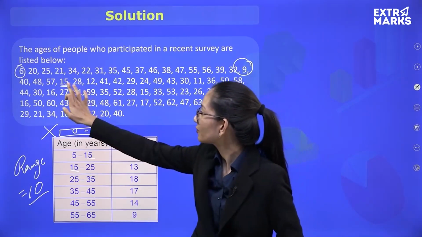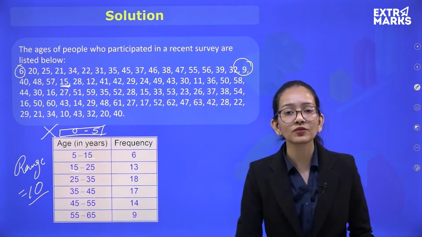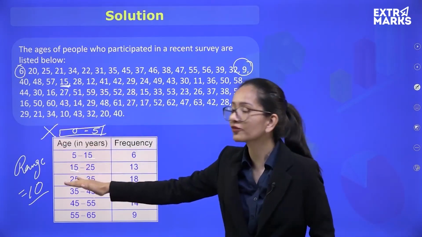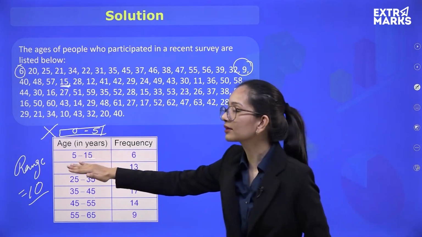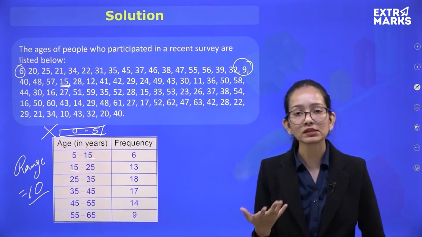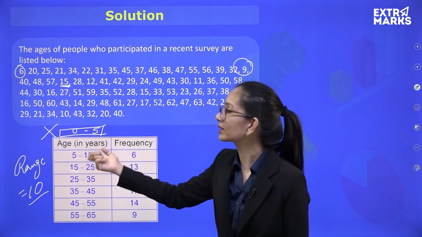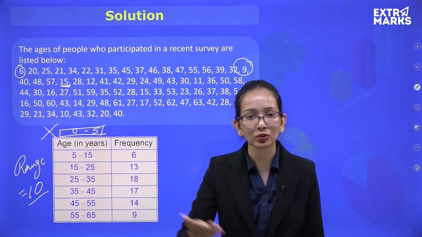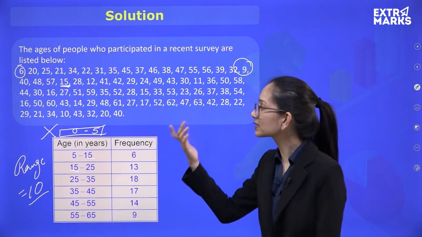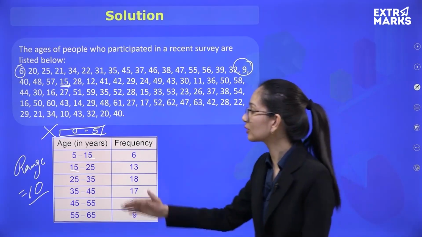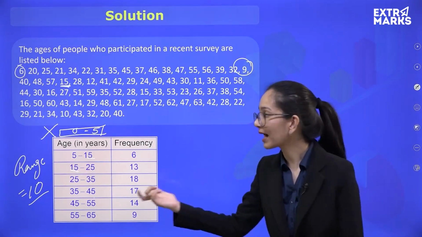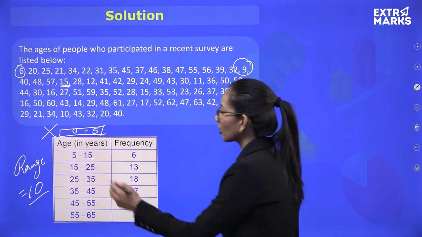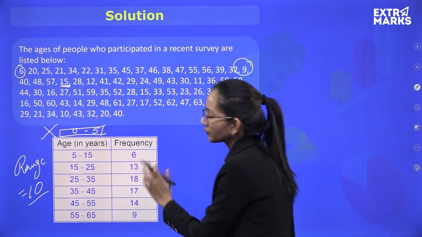That means 15 is the lower class limit of the 15 to 25 age group. So I will count this person in the age group 15 to 25, not in 5 to 15, right? So what is the rule over here? Whenever you get such a boundary value, we consider that value in the group whose lower class limit matches it, right? So here I'll not count this 15 in the first age group.